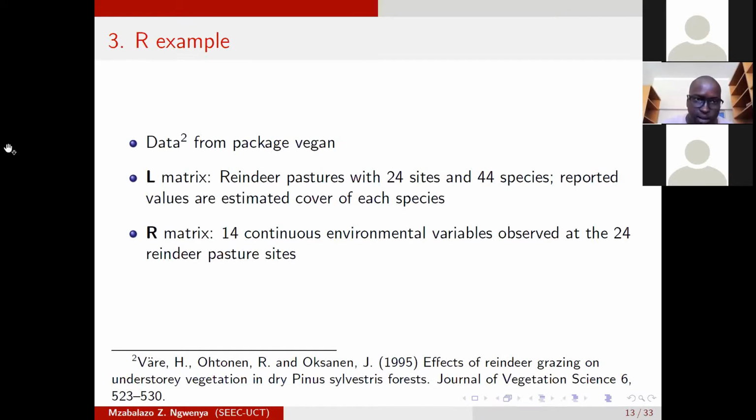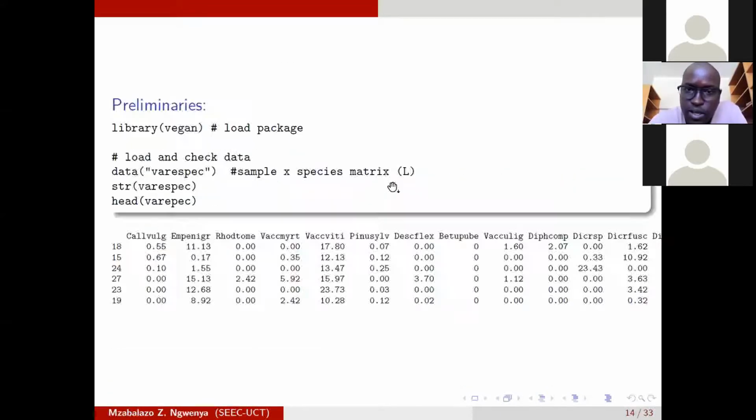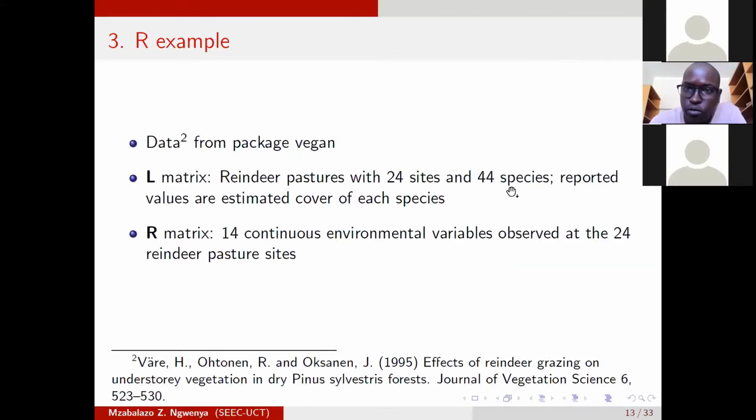But in summary, the reindeer data set consists of two parts: an L matrix, our sample by species composition matrix, where we have sampled at 24 sites, and we're trying to observe what's happening with those 24 sites for 44 species.